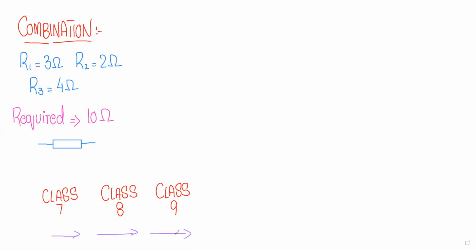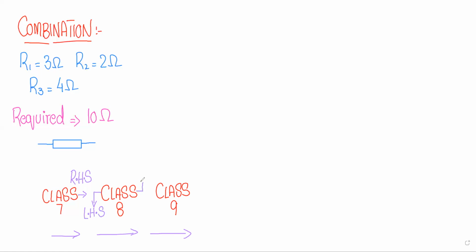So yes, if we are connecting them end to end, just like the example of class 7, 8, 9, let's suppose we take the example of a student over here. This is the right hand side of the student of class 7, right? And this will be the left hand of the class 8 student, right?